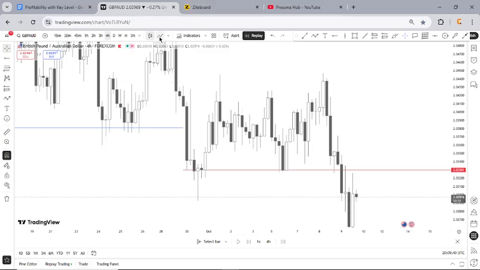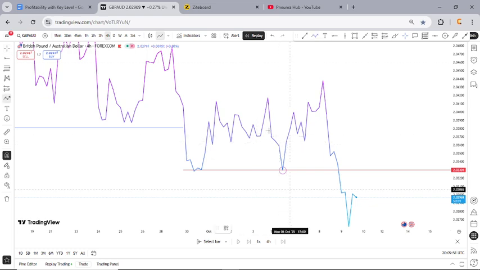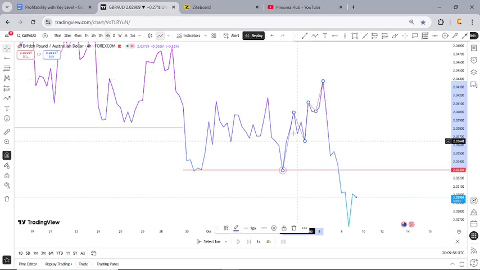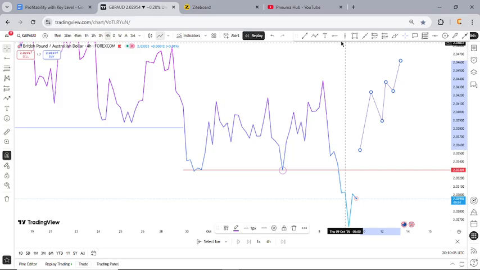Now if I analyze this, this is the rejection that we have, the daily reject daily. This is it down here, right? Now if I analyze what we have on H4 here, look at here, we have a sweep, break, liquidity. If I bring this out, can you see?